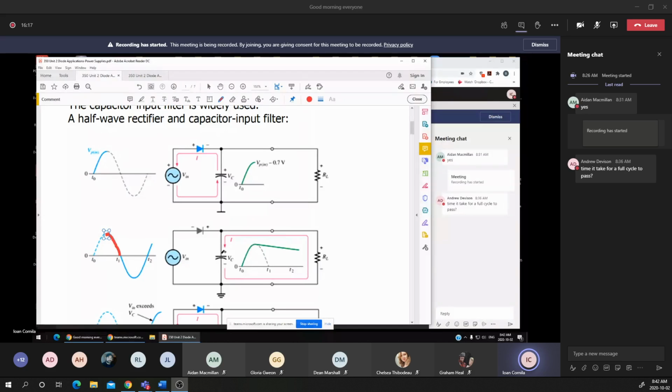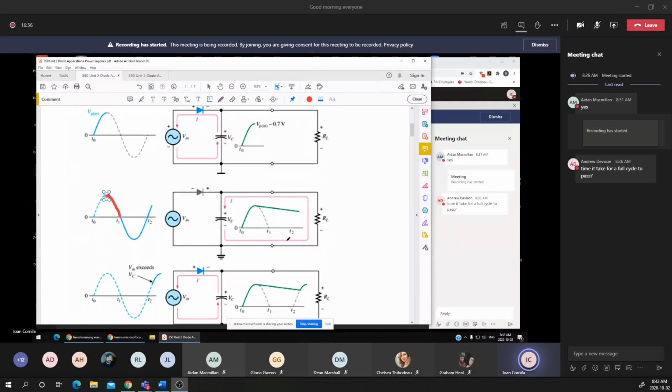This means that the voltage Vin becomes smaller. The maximum voltage across the capacitor is VP minus 0.7, and the capacitor will discharge current through RL, which acts as a temporary voltage source. Remember, we talked about this in ELE350 as a temporary voltage source, and we did an in-class experiment.